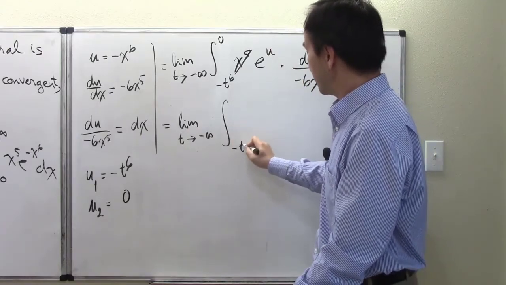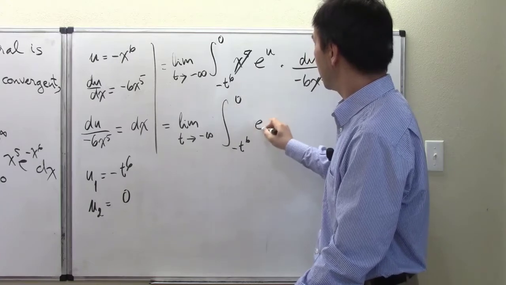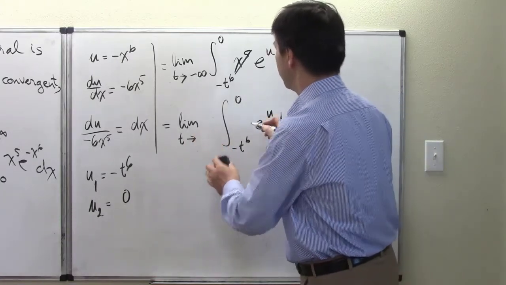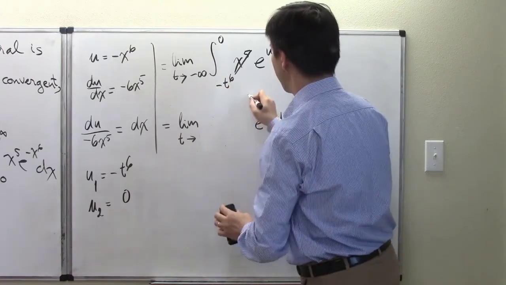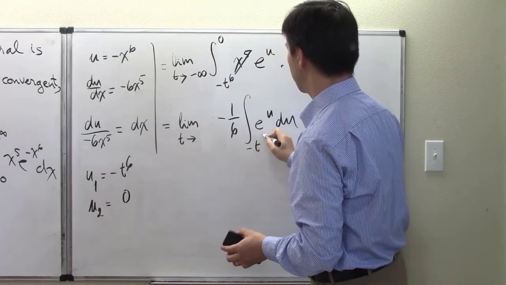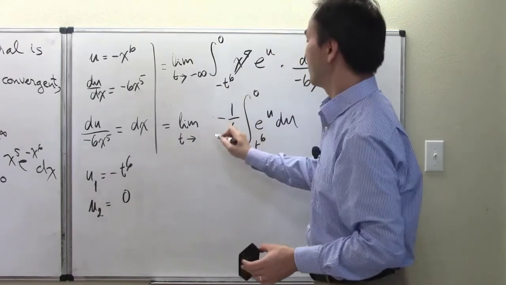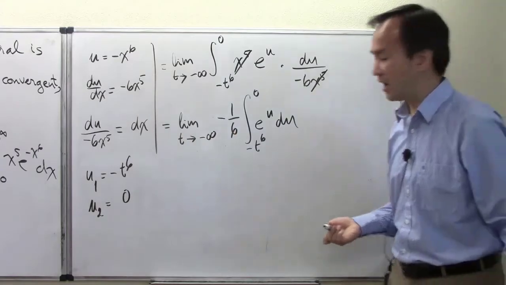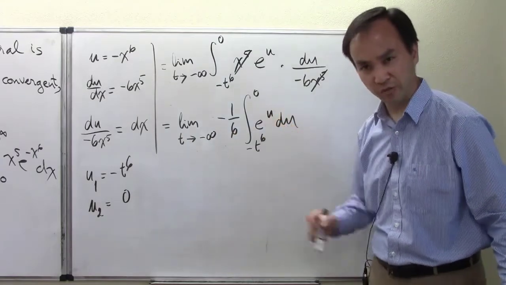So minus t to the sixth to 0, and here it is e to the u du. And I forgot to mention that I should have had a negative 1/6 here, negative t to the sixth to 0. Okay, so that's how our integral has become at this point completely in terms of u.